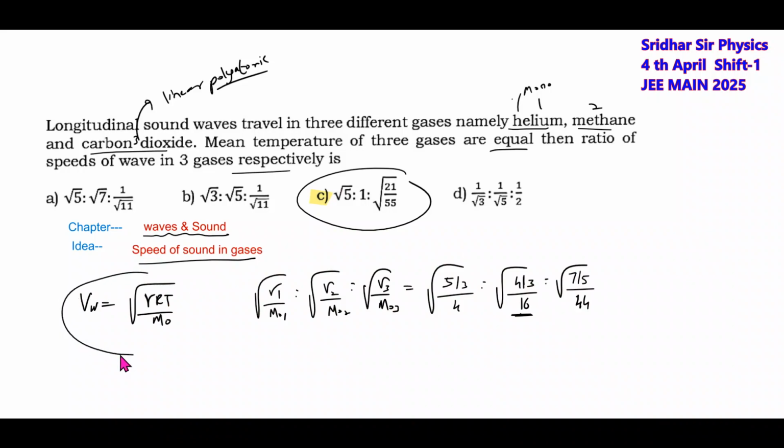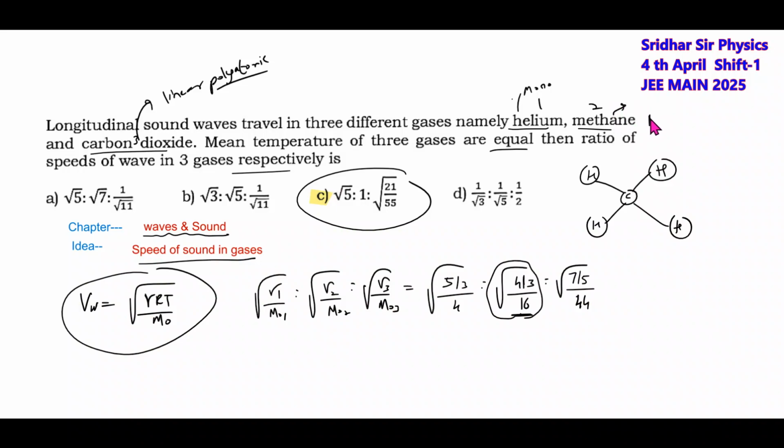So there's a formula you should know, and a little bit of information about methane is needed. Okay sir, what about methane? Methane is a polyatomic, so it will have total degrees of freedom 3 translational and 3 rotational, total 6.